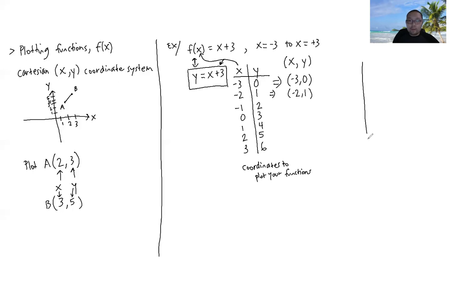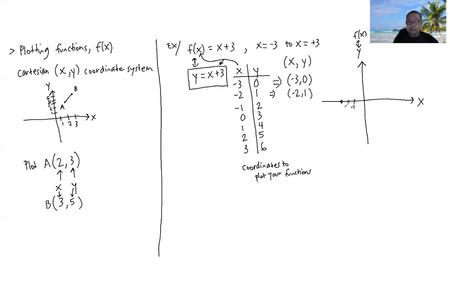And so let's create more axes. Again, horizontal axes represent your x, vertical axes represent your y or your f of x. And now I'll write this up here in case some people like one more than the other. And so (-3, 0). So 1, 2, 3. (-3, 0).